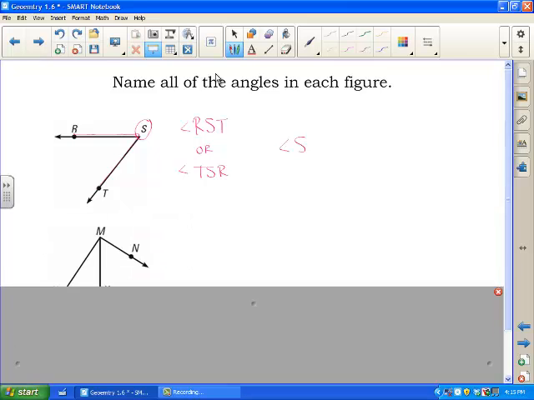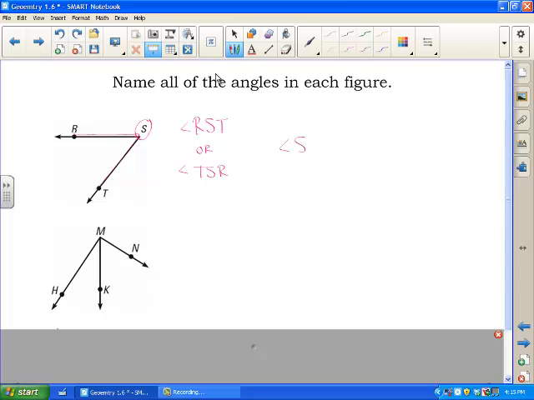So in my next angle, I have M as my vertex, and I actually have 3 different angles here. So let's start by looking at the angle that has ray MH and ray MK as its sides. So this angle has M as its vertex, so I could either name it angle HMK or angle KMH. The next angle here, we'll look at the angle that uses ray MK and ray MN as its sides.